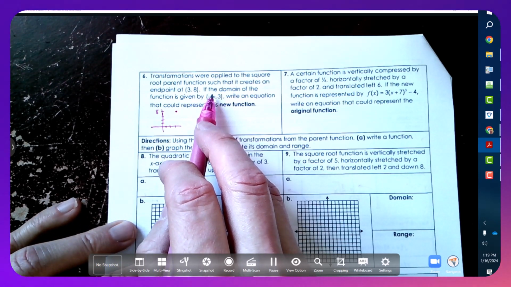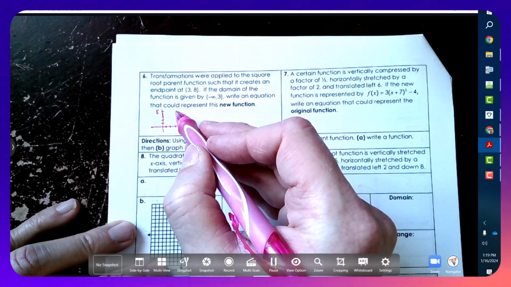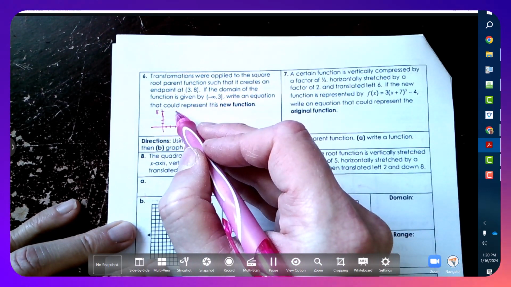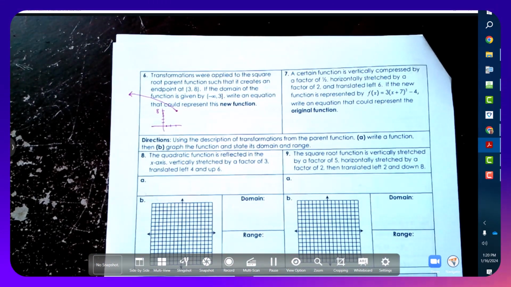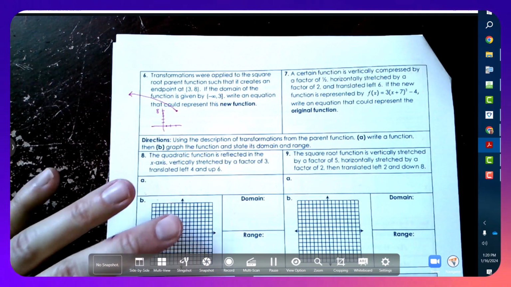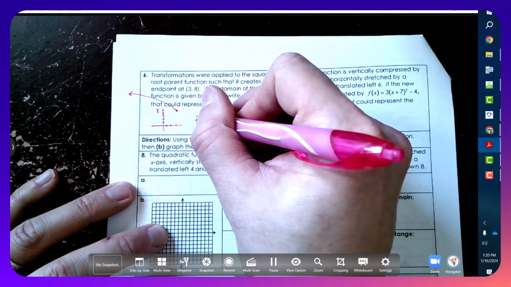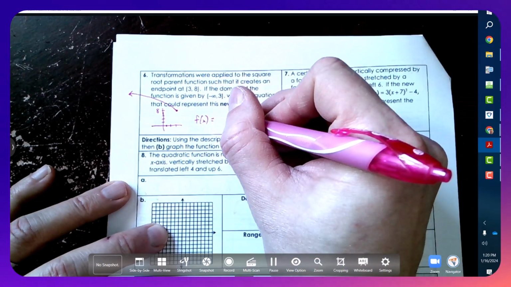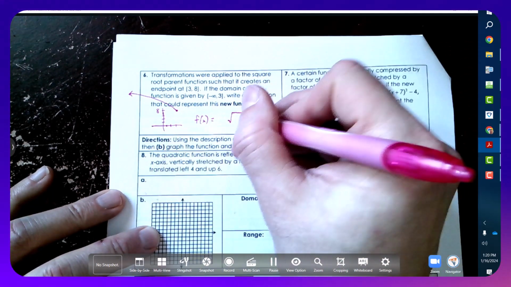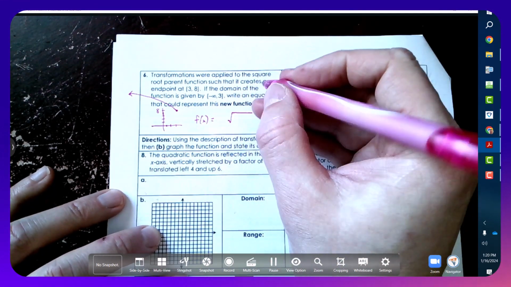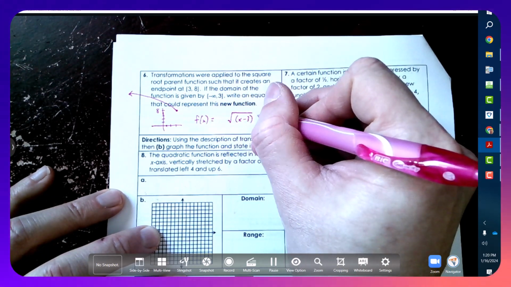Okay, and the domain is negative infinity to 3. So this means that it's not going to go this way. That would be from 3 to positive infinity. This one's going this way. So first of all, we have a square root function. We know that it translated over 3, so x minus 3, and it also went 8.